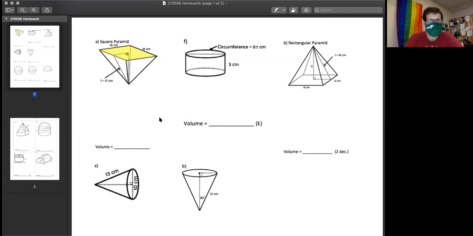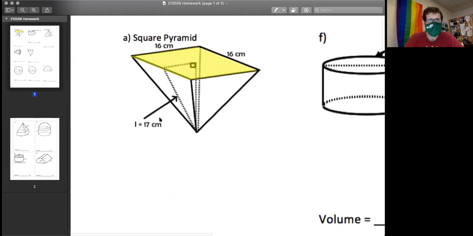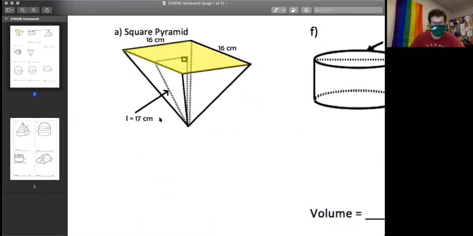It doesn't matter which one I do. Let's just start with the first one right here. If this is what I'm working with, then the volume of a pyramid is the area of the base times the height divided by 3. The area of the base, because this is a square pyramid, and we can see that.